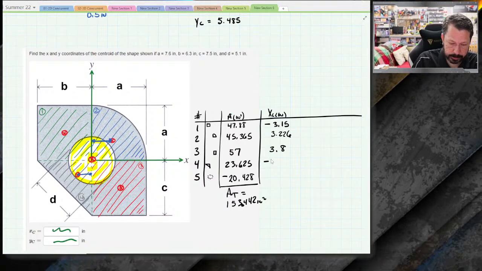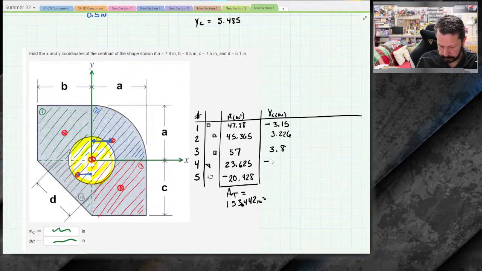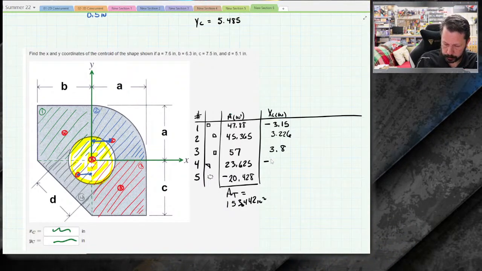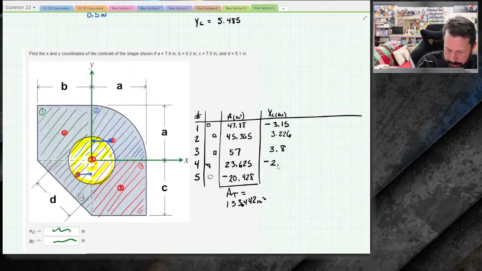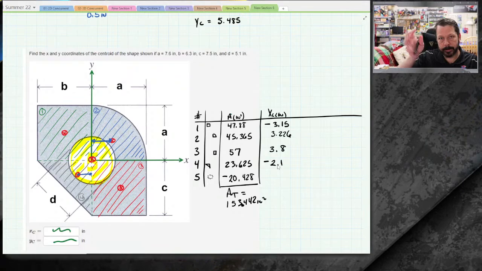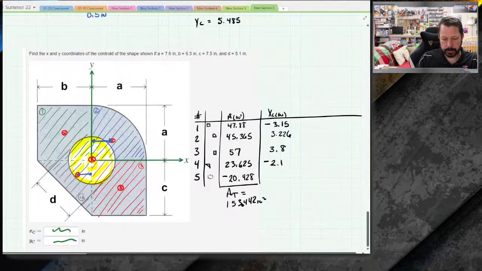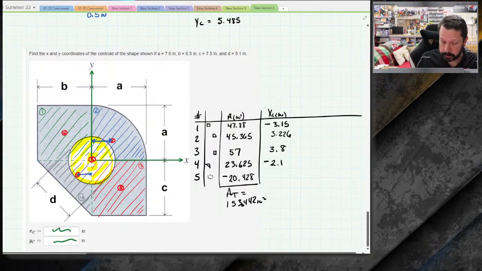So minus b is 6.3, and divide that by 3, 2.1. So that might take a little bit of mentally figuring out how you're rotating that triangle to match the one that we have here. You just got to figure that out.